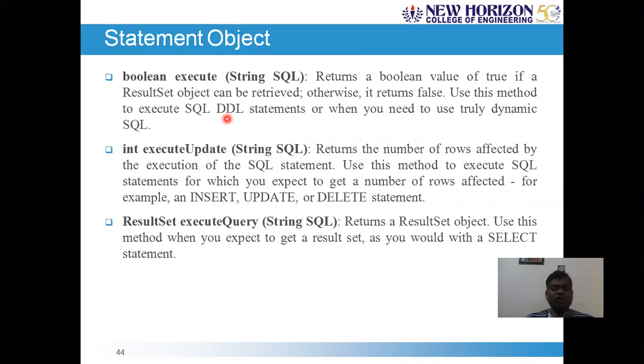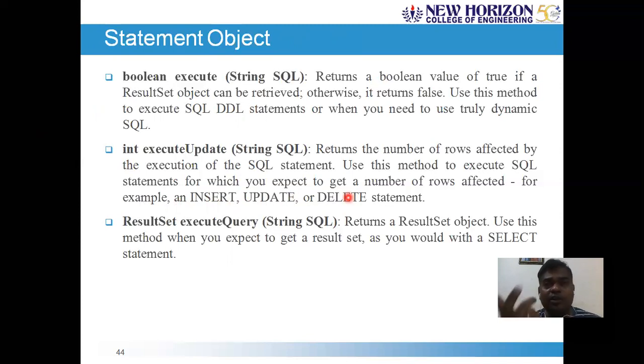So coming to executeUpdate. In the case of executeUpdate, we discussed either insert, update, or delete. For these three types of operations, you must use executeUpdate, which means among the existing table, how many rows you are updating or making changes to.